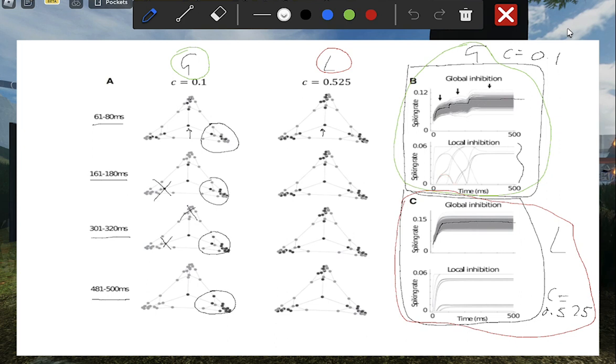Oh, okay. And in the local case, everything starts in a particular way and ends in the same way, it seems. Interesting.